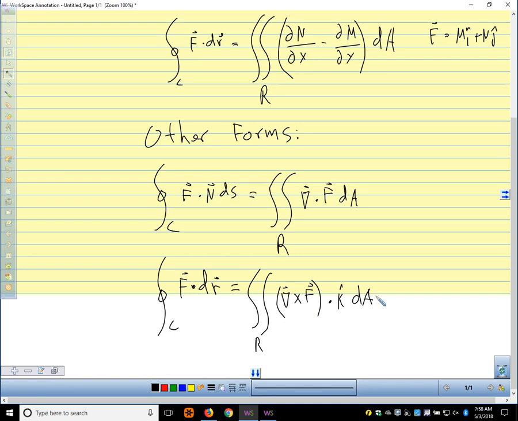So what the divergence theorem and Stokes' theorem do is extend both of these ideas to three dimensions, and instead of talking about a line integral and a double integral, we'll talk about a line integral and a surface integral.